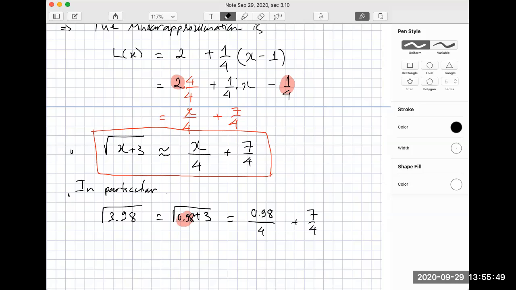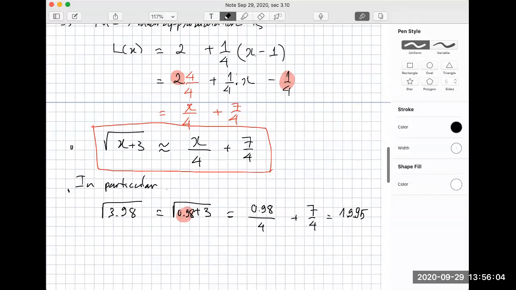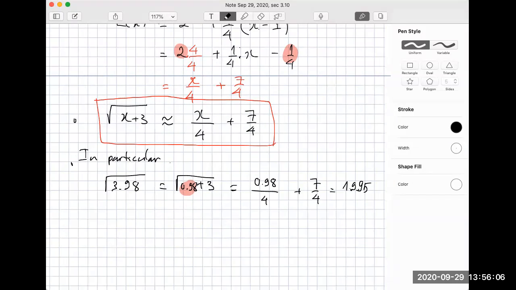And you can use a calculator and it will be 1.995. Very good. Similarly, for another number, square root of 4.05. So let us write it in terms of something plus 3, right?